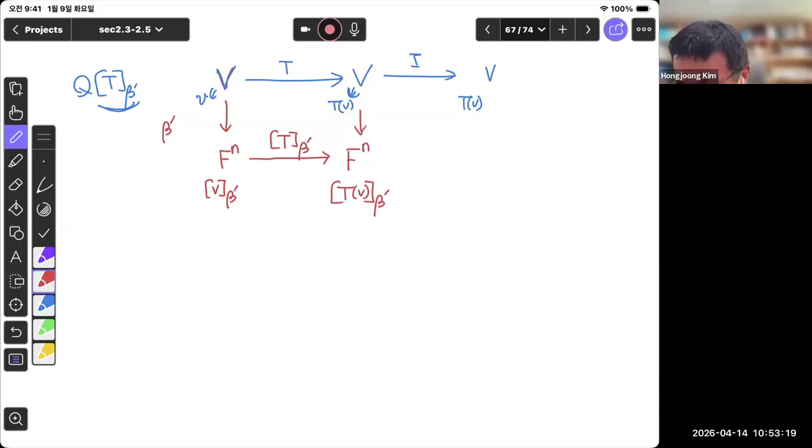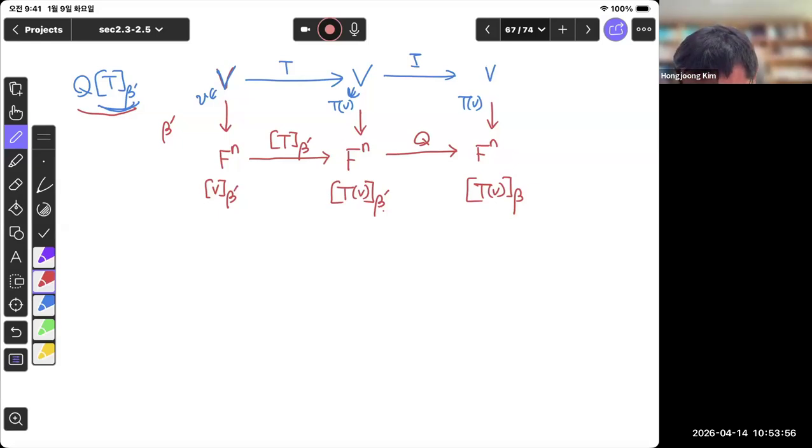And then if I consider this Q, it will change this beta prime coordinate to beta coordinate. So that's what this Q times the matrix for T with respect to beta prime implies.